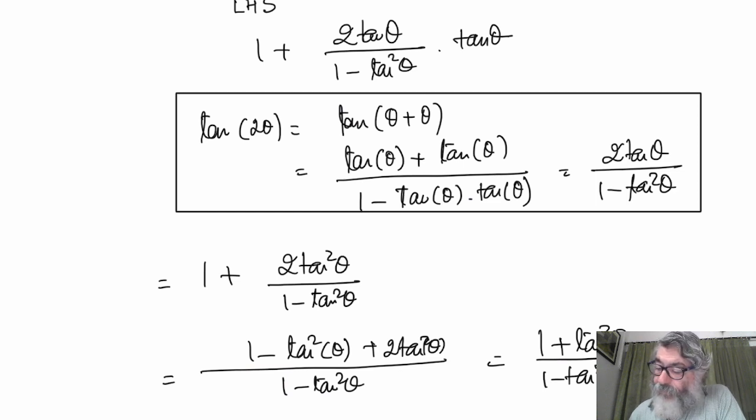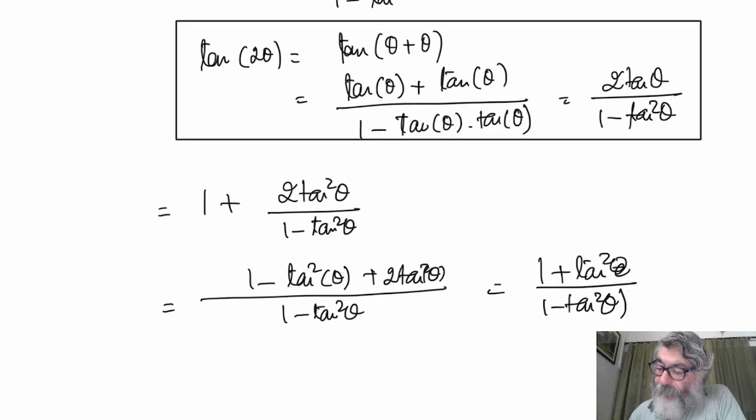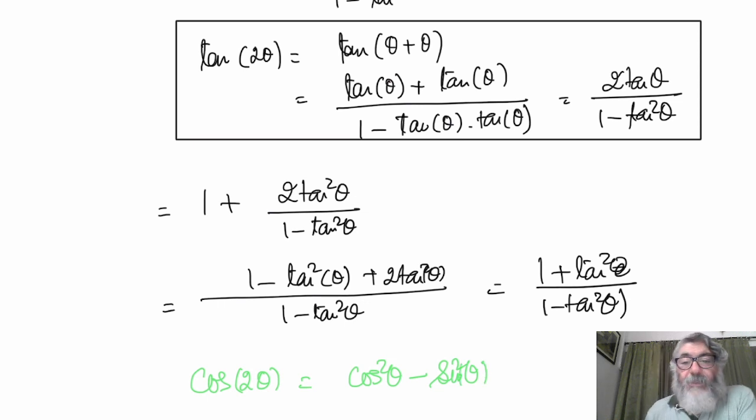Let's see what cos 2 theta is. Cos 2 theta was cos square theta minus sin square theta. These formulas you have to remember, but in between I'll keep repeating them for you.